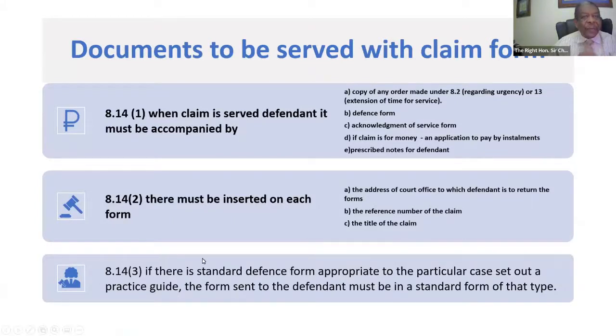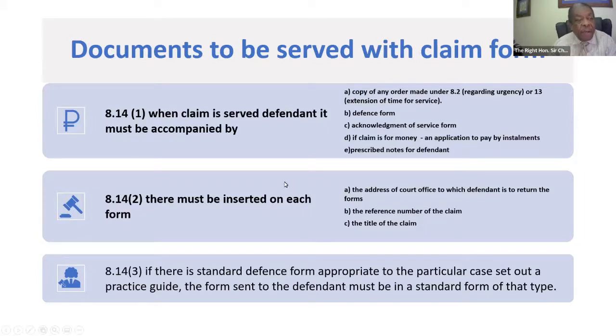Now, the documents to serve with the claim form. I brushed over this a little earlier, but I think this is a very important part of the whole concept of linking the commencement of the proceedings to the overriding objective. I've set out the rules which govern this on the PowerPoint presentation.